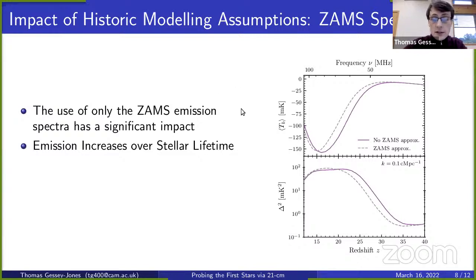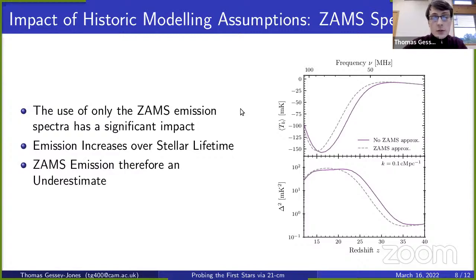Their Lyman band emission typically increased over their lives. And so this zero-age main sequence assumption led to an underestimate in the Lyman band emission efficiency of POP3 stars. And consequently, the Wouthuysen-Field effect was delayed, and the 21 centimeter signal was erroneously shifted by about 2 in redshift, to lower redshifts, to later times. With our suite of full stellar evolution simulations, we were able to relax this and find a more accurate model.